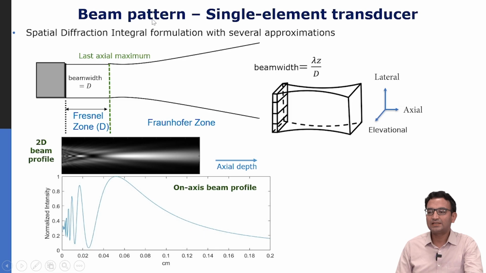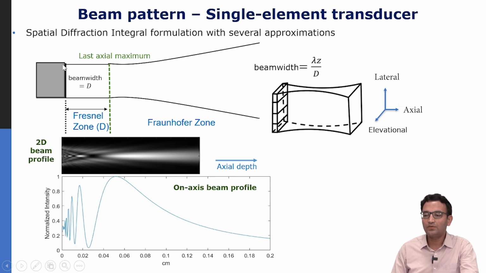So next, let's discuss the beam pattern of a single element transducer and how this influences image quality. To get the beam pattern of, let's say, a disc transducer or a rectangular transducer, which is a planar object, you would have to start with a mathematical formulation called the spatial diffraction integral formulation, and then you could make several approximations to arrive at what we call the Fresnel approximation and Fraunhofer approximation.